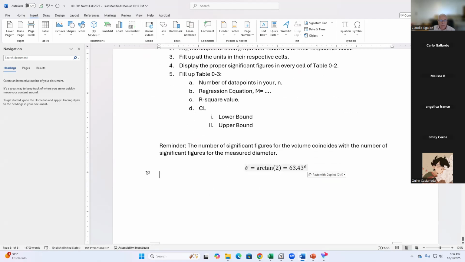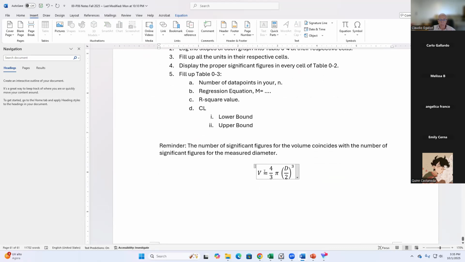The equation for the volume is 4/3 of what? Volume of the sphere, right? 4/3 pi, and then the diameter divided by 2, which is the radius, raised to the cube, right?